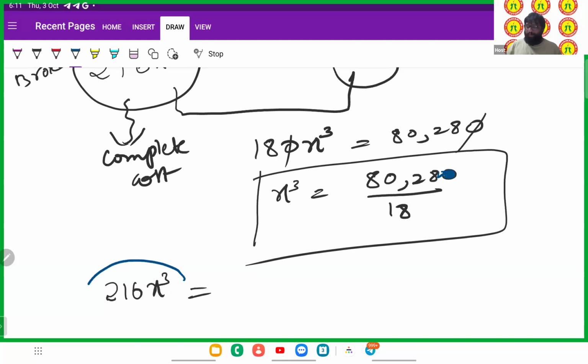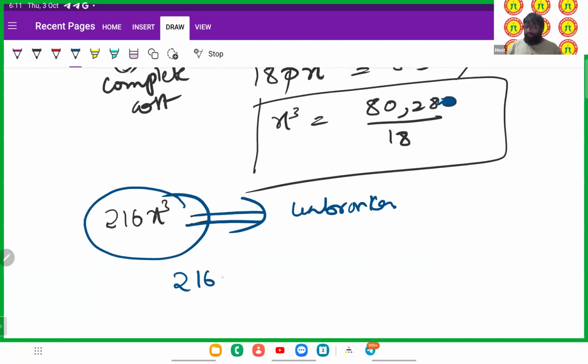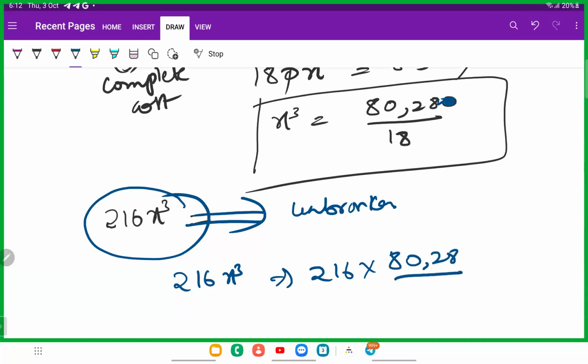So you know what, they are asking what is the total cost of unbroken. So unbroken is 216 x cube, right? So I'm substituting. 216 x cube is nothing but 80 28 by 446. ये क्या हो रहा है भाई 446 कैसे आ गया इधर.